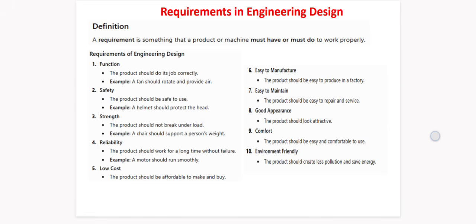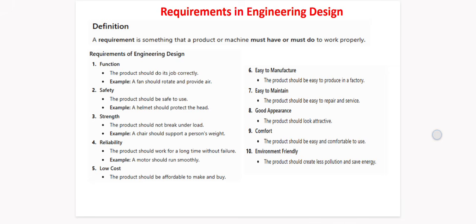Easy to maintain. The product should be easy to repair and service. During service condition, we can use standard parts, so we are able to easily service the product. And good appearance. The product should look attractive. Then comfort.